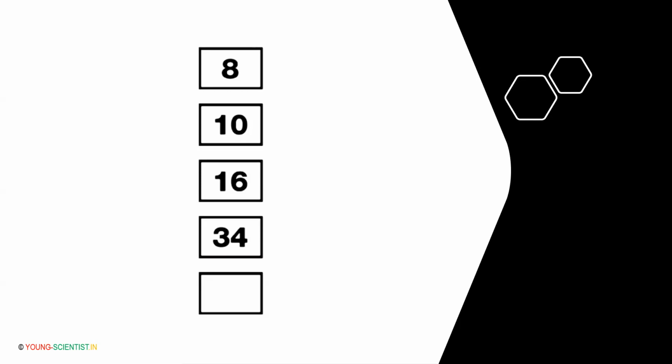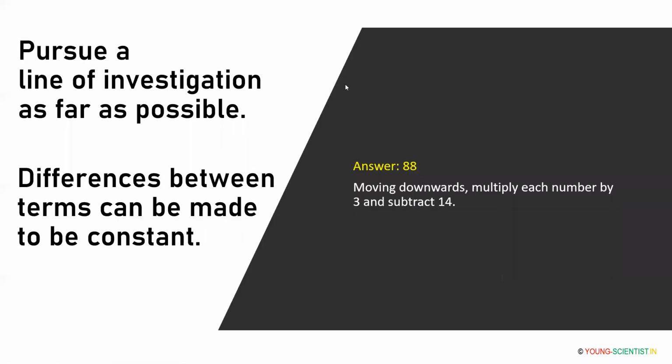Minus 14 will give you 34. And doing so, you will find that the next number has to be 88. Now, I know some of you arrived at the same answer, 88, but you found a different pattern as well.